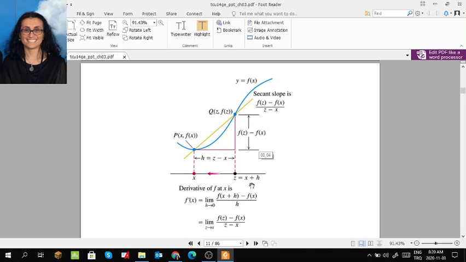And here z is x plus h, by the way. This distance is f of x plus h minus f of x. And this distance is only h, because z minus x is x plus h minus x, which gives you h. So this is the distance h, and this is f of x plus h minus f of x. If you take the ratio of this with this h, you get the slope.